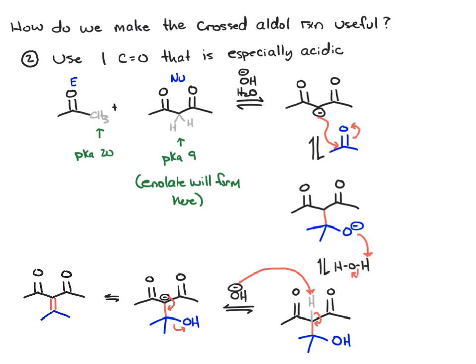So if you want to draw your byproducts, we lose hydroxide in this step. Over in this step, we would have lost water. But the net result, because you put a hydroxide in, the net result is you lost H and OH from the molecule. So a dehydration step there.